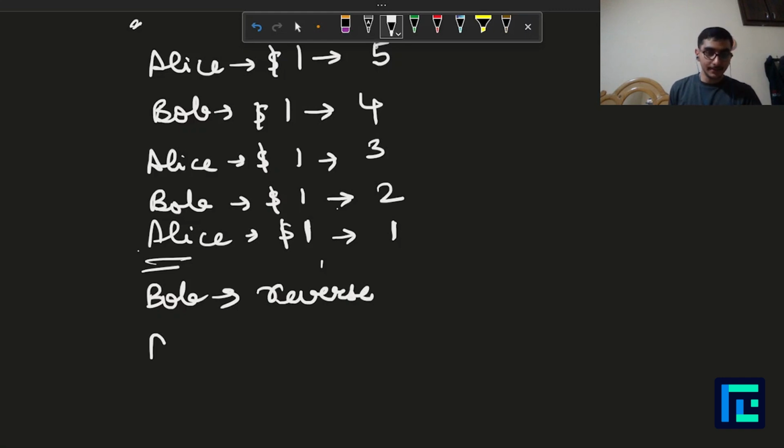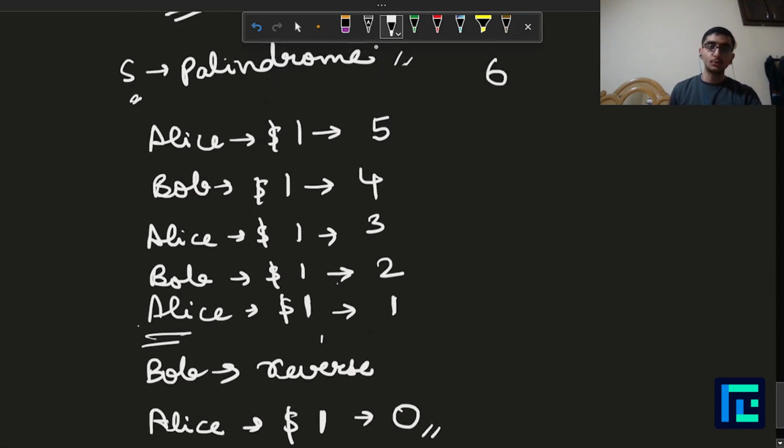Now as Bob has reversed the string, Alice does not have the option to reverse it because it had been reversed in the previous operation. Hence Alice has to again pay $1, and after paying this $1 there would be 0 zeros left. Now as there are no zeros left, the operation comes to an end.